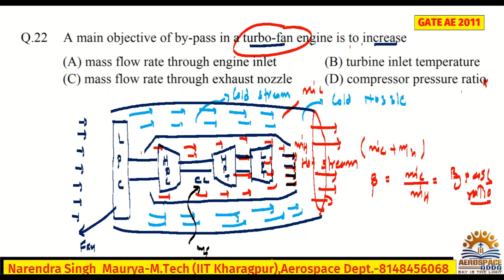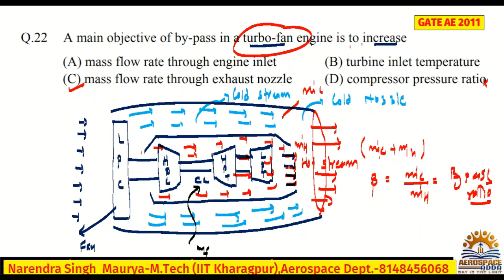If you check the exhaust nozzle, we are getting m dot c plus m dot h, the sum of both. So the mass flow rate in the exhaust nozzle we can increase with the help of this fan, because there is a limitation on the air passing through the engine core. You cannot increase more and more through the combustion chamber, compressor and turbine.